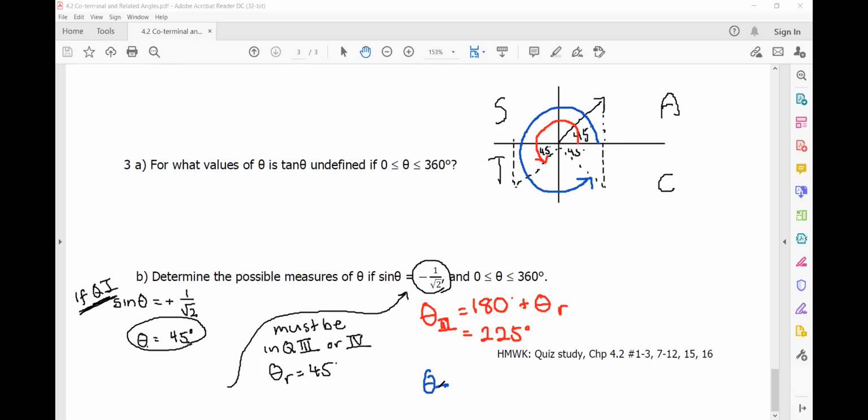So the angle in quadrant 4 is going to be 360 subtracted by the reference angle of 45 degrees. The angle that gives me negative 1 over root 2 is going to be 315. So what are the possible angles of theta that make this true? Right here.